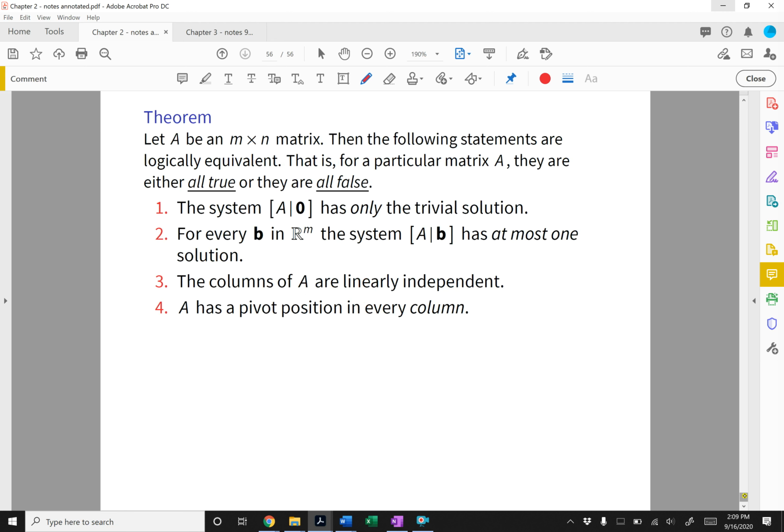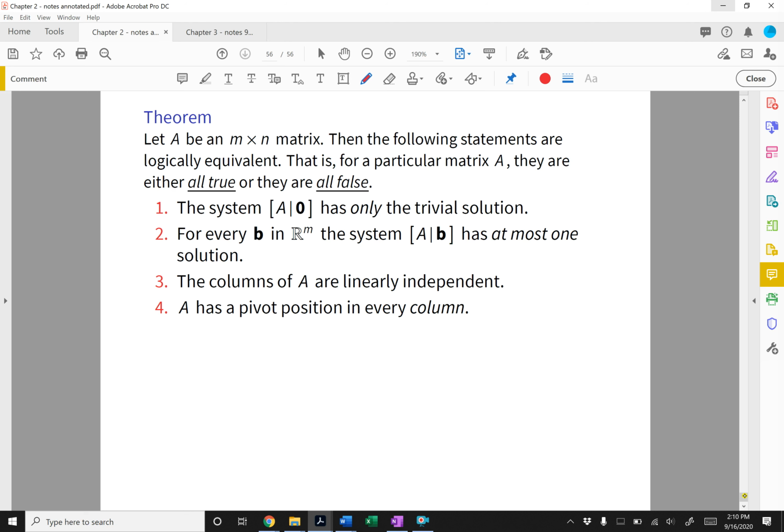And last, here's a theorem. The following statements are logically equivalent, so they're either all false or all true for any matrix A. A augmented with 0 has only the trivial solution, which means all of your coefficients, the variables, will all have to equal 0.